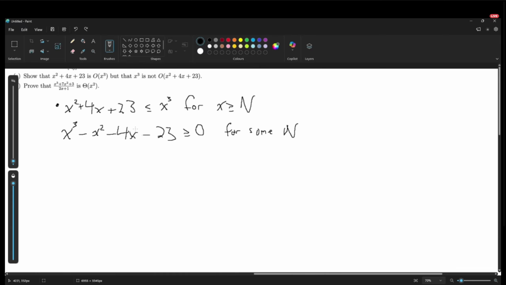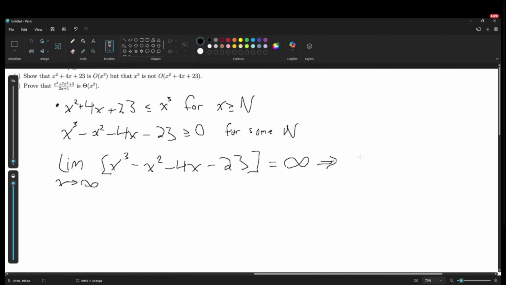So really, what you could do is you could explicitly give an n, or you can say the limit as x approaches infinity for this quantity right here is equal to infinity. So therefore, that implies that there has to exist some n, right? So therefore, there exists an n.